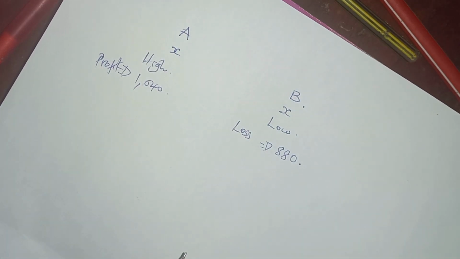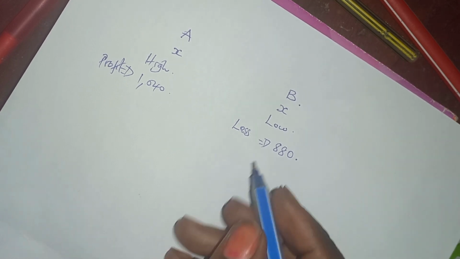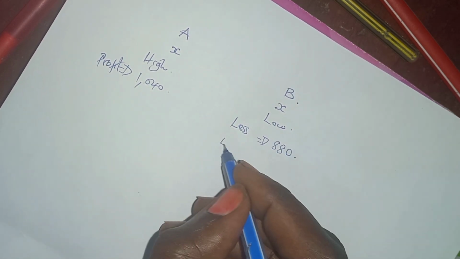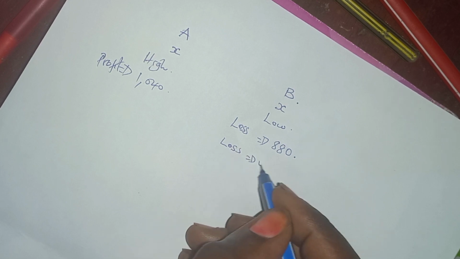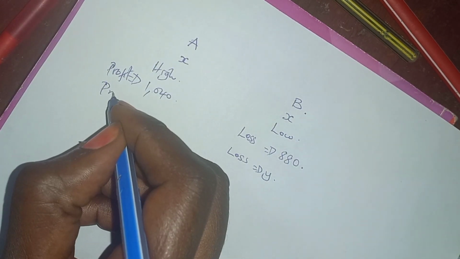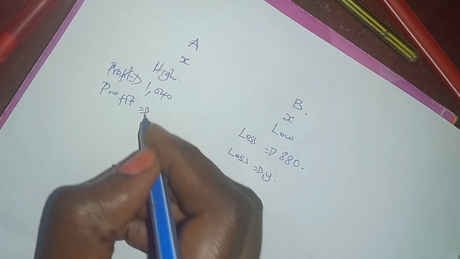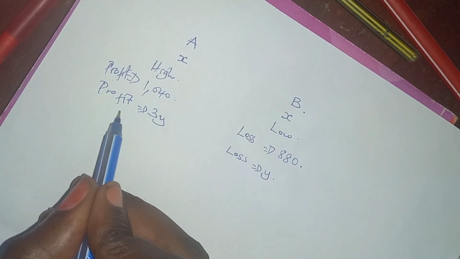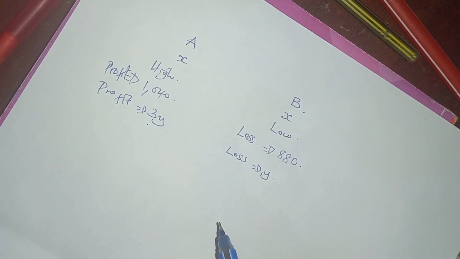So if the profit was 3 times the loss, then if the loss is Y, the profit here will be 3Y, because the profit is 3 times the loss. Now we are told to calculate the buying price per bag.